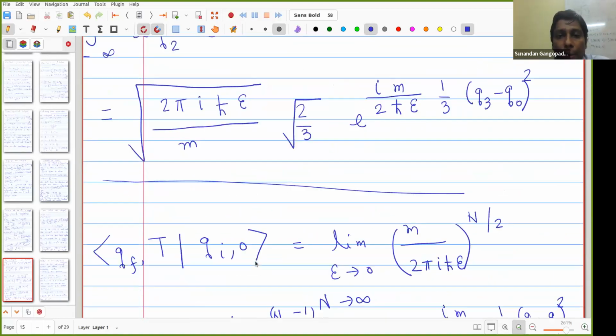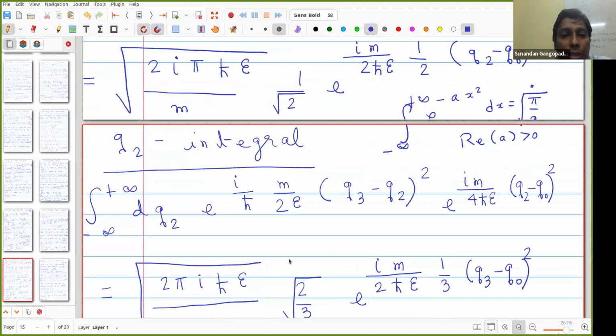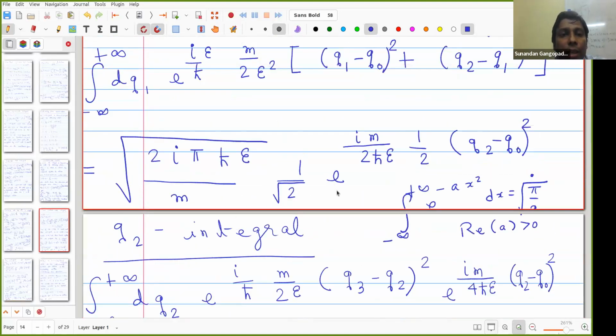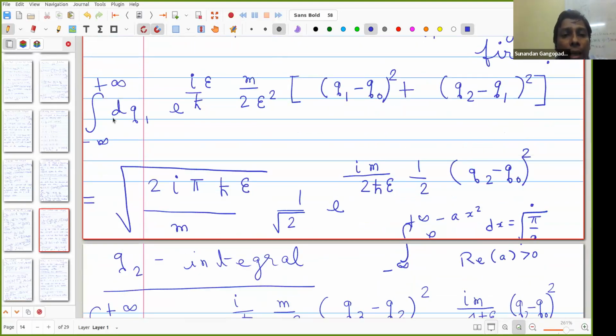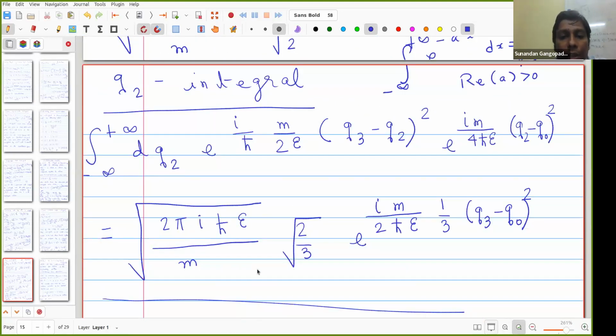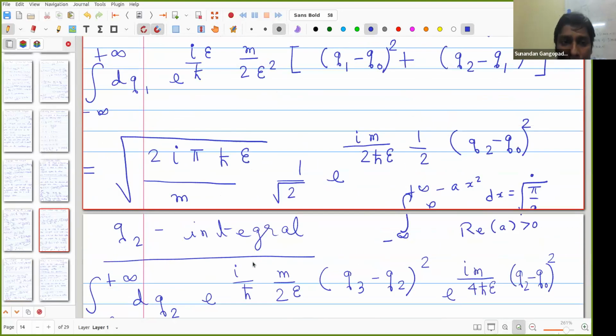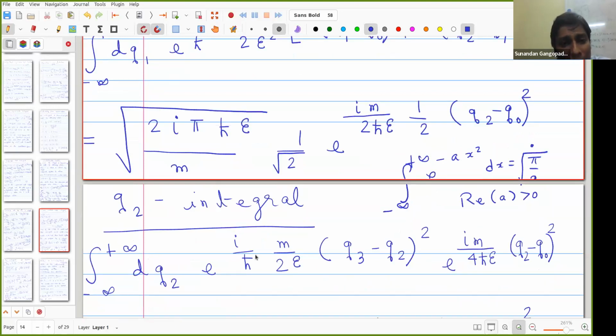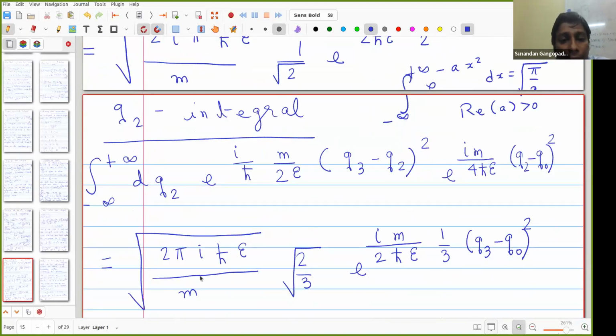The interesting thing about this is the following. You can multiply the result of the Q1 integral with the result of the Q2 integral. If you do that multiplication, it means that you have carried out the Q1 and Q2 integrals. The result will be this constant to the power of 2, because it is a square root of this constant and this constant's square root.